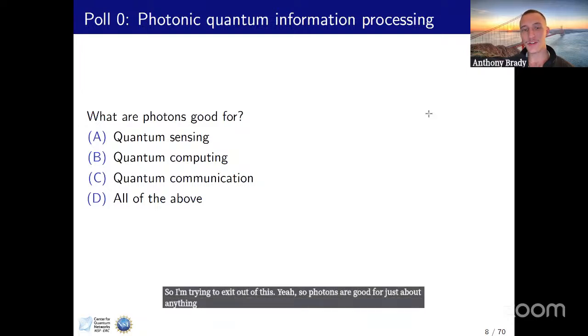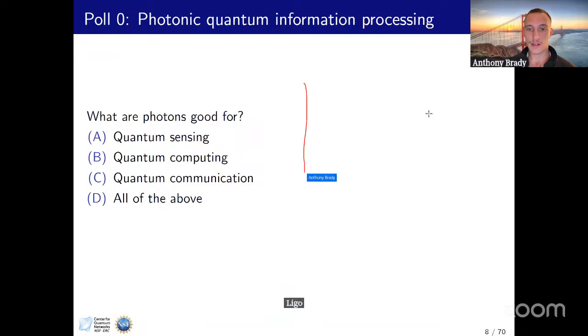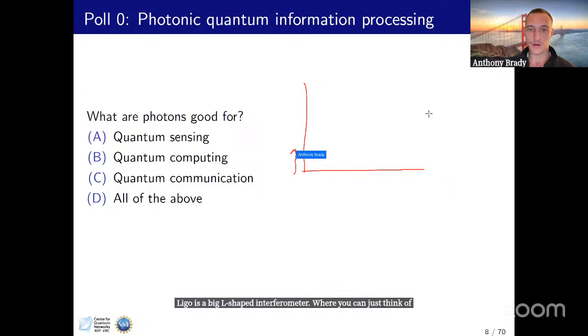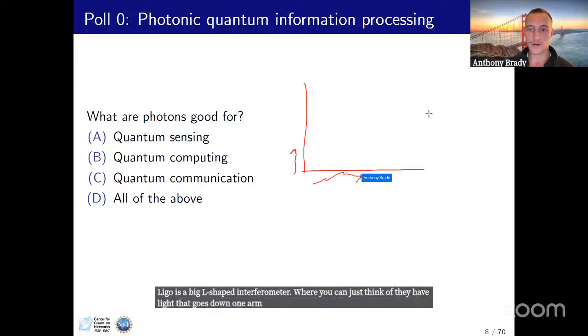I didn't mention quantum sensing, but the biggest example of a quantum sensor would be an interferometer, and this is what LIGO is. LIGO is a big L-shaped interferometer where you can think of light that goes down one arm, light that goes down another. There are massive mirrors that wobble due to gravitational waves.